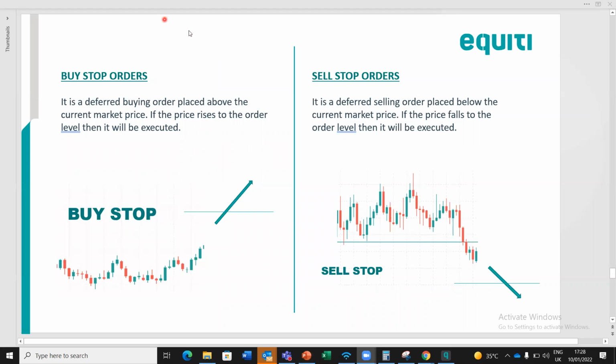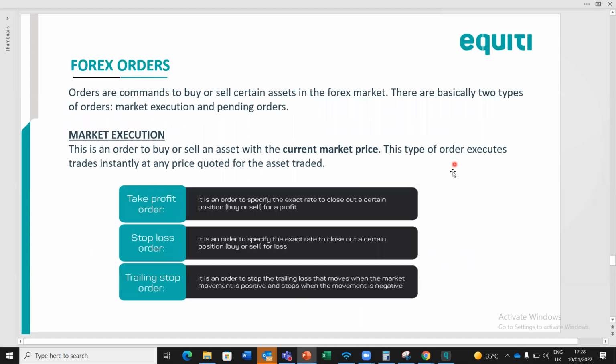Let me just show you that. So this is a pending order, and from the pending orders we have two types of orders: the limit orders and the stop orders.